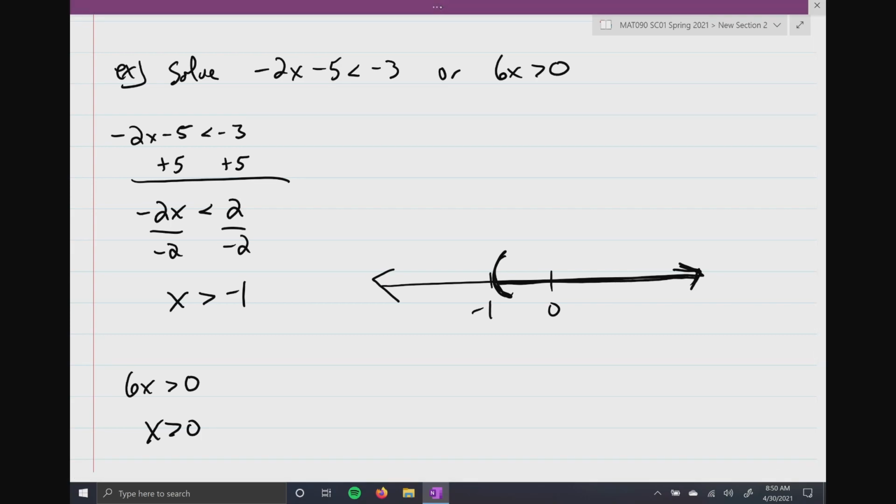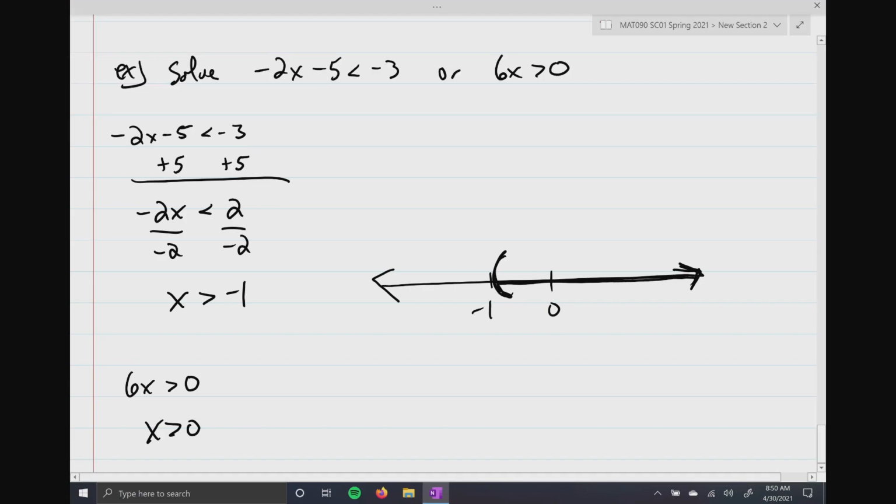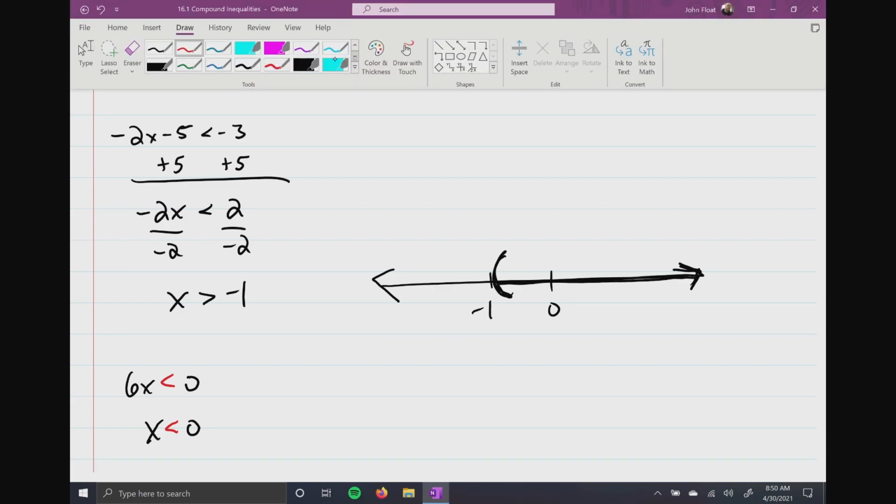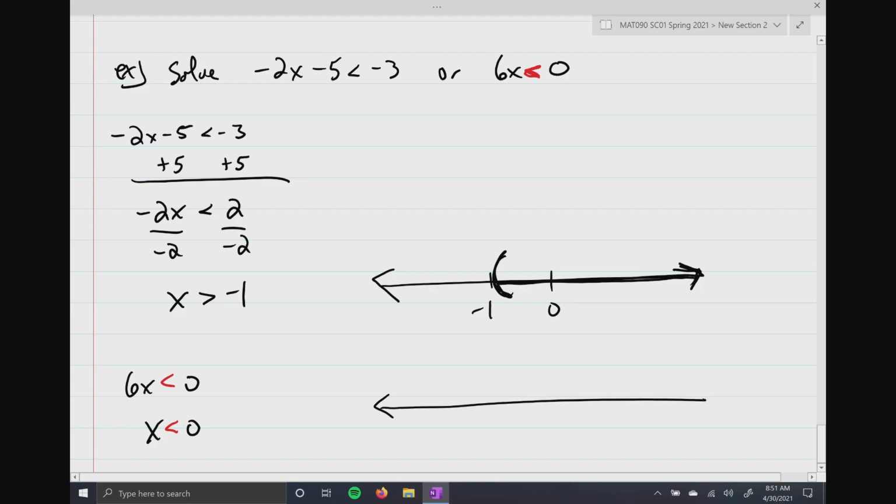I'll write in red what you need to change. It has to be 6x is less than 0. That was my bad. Because I wanted something to happen here, and when I noticed it wouldn't happen, I got a little scared. But then I fixed it. Now I'm not scared anymore. So, x is less than 0. Gets a parenthesis. We shade to the left.